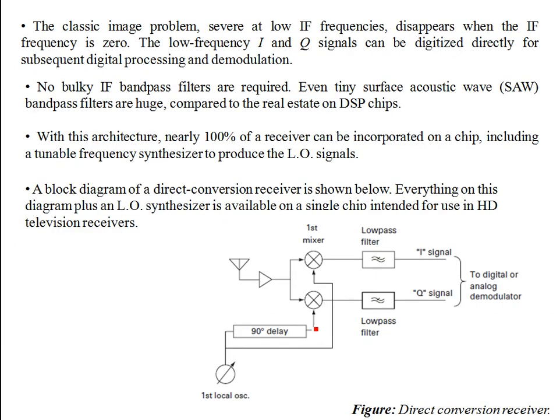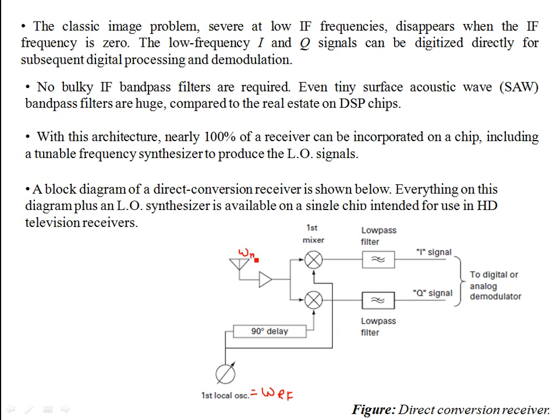So over here we have the local oscillator that produces the frequency omega C, or let's call this omega RF, and you are receiving omega RF over here.